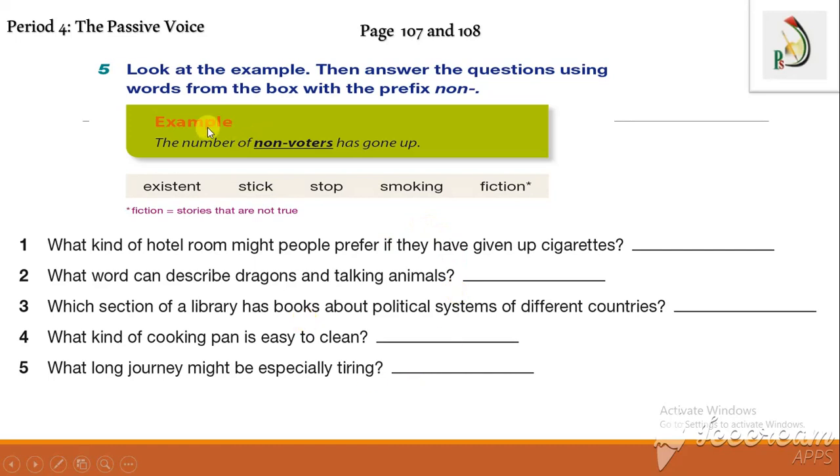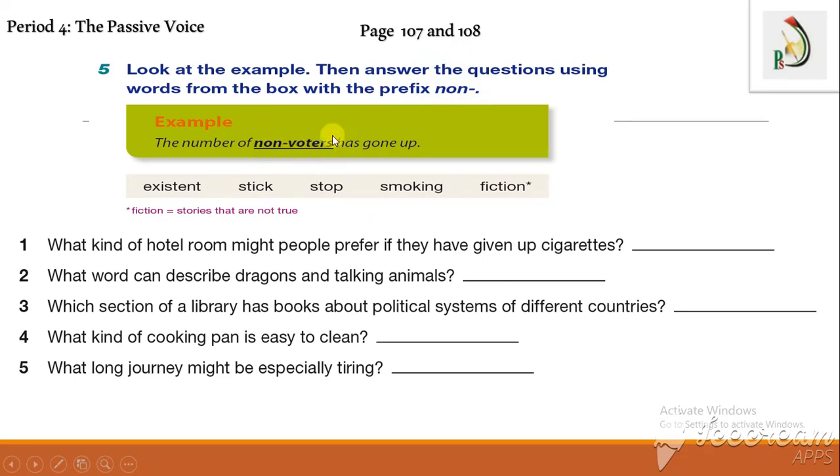Yes, dear students, look at the examples, then answer the questions using words from the box with the prefix non. We know that when we add non before a noun, the word becomes totally opposite. For example, non-voters.